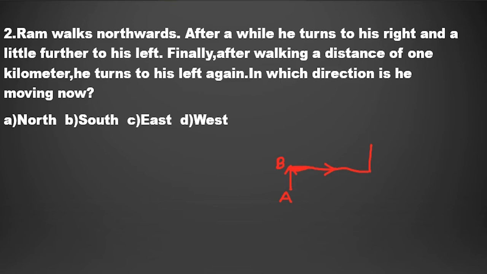He walks northwards up to B, and from B he walks to the right up to C, and from C he walks a little further to the left up to D. Finally, after walking a distance of 1 kilometer, he turns to left again, and the distance between C and D is 1 kilometer.